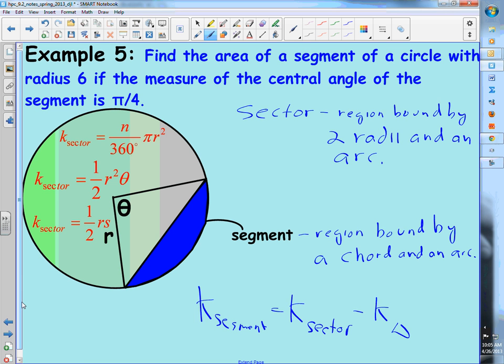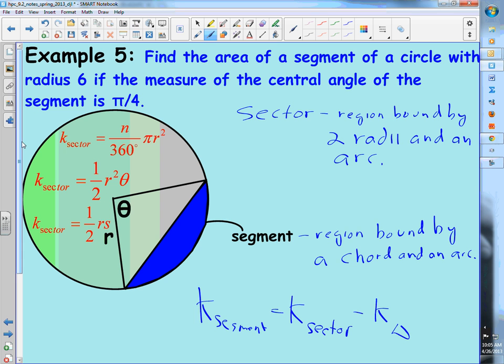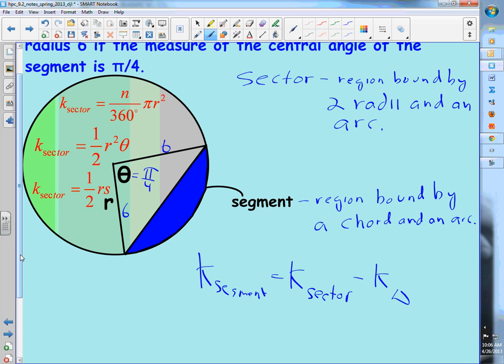Now be careful with a problem like this, because they're telling you to find the area of the segment with a radius 6. So this is 6 and this is 6. And the measure of the central angle is pi over 4. Which formula are we going to use for area of the sector? The second one, 1/2 r squared theta.